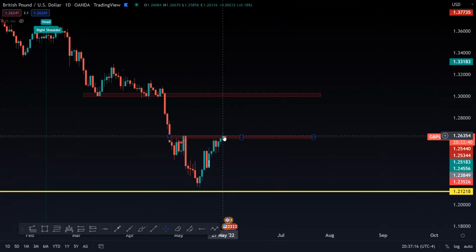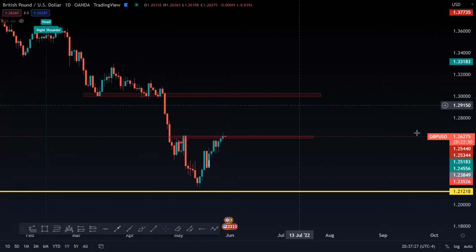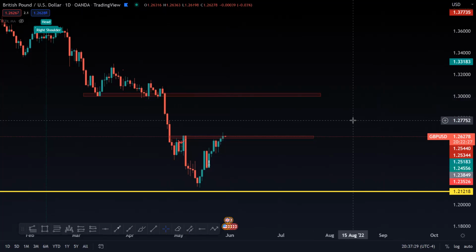Because I have confluence with the trend on the higher time frame, and also it's going to be the fib, and 128 is also one of the levels that can act as resistance or support.